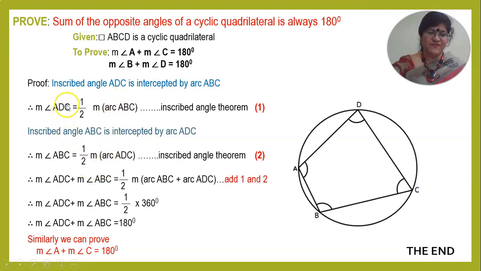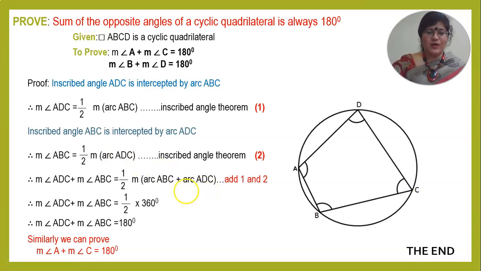Let us add the left hand side first. So when you add the left hand side, you get angle ADC plus angle ABC, equal to, half is common so we take half outside, measure arc ABC plus measure arc ADC.